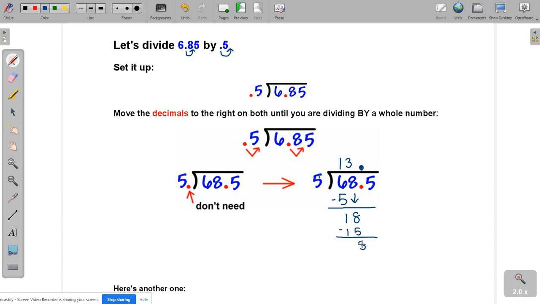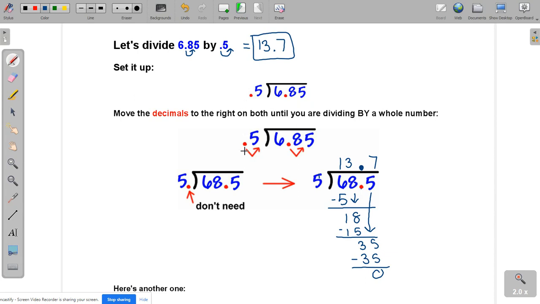Subtract, and we get 3. Then we bring down the 5. 5 goes into 35. 7 times 5 is 35. Subtract and get 0. So our problem 6.85 divided by 0.5 is equal to 13.7.